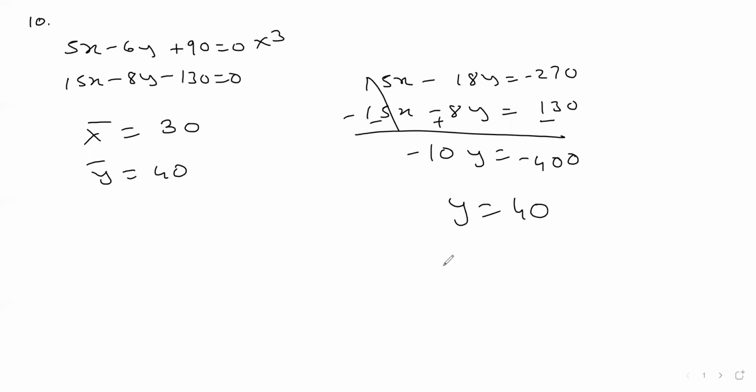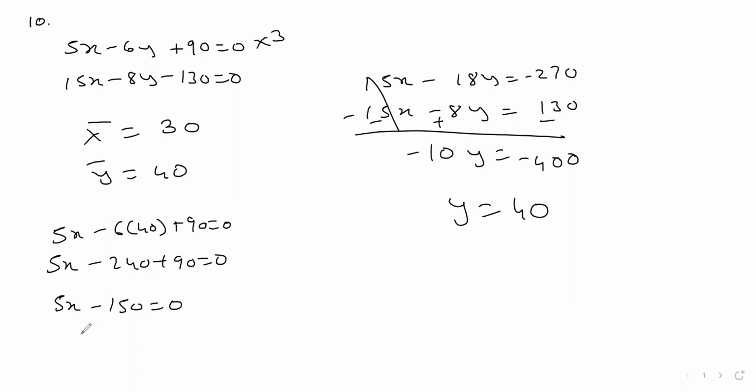So y will become 40. I'll put y in one of the equations. 5x - 6 into 40 + 90 = 0. So 5x - 240 + 90 should be 0. 5x - 150 = 0. 5x = 150. x = 30. Your x bar and y bar are 30 and 40.